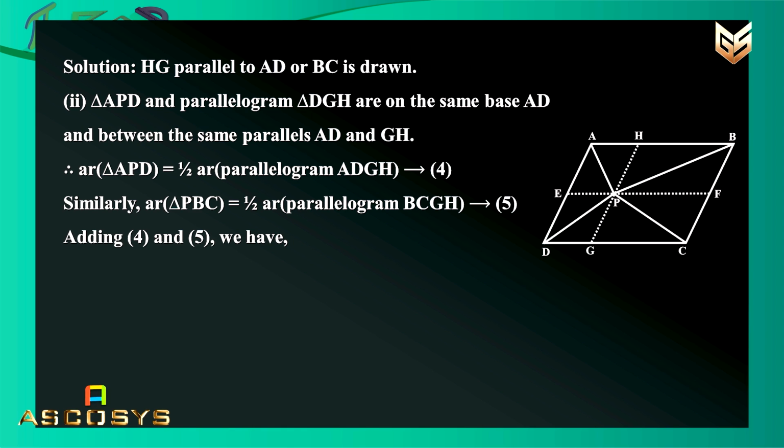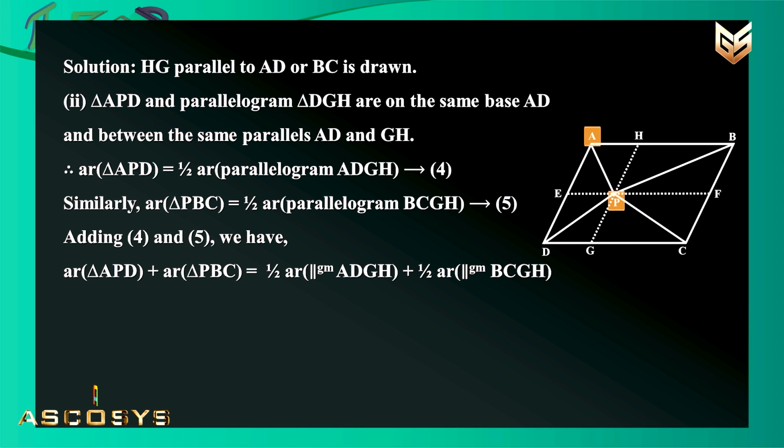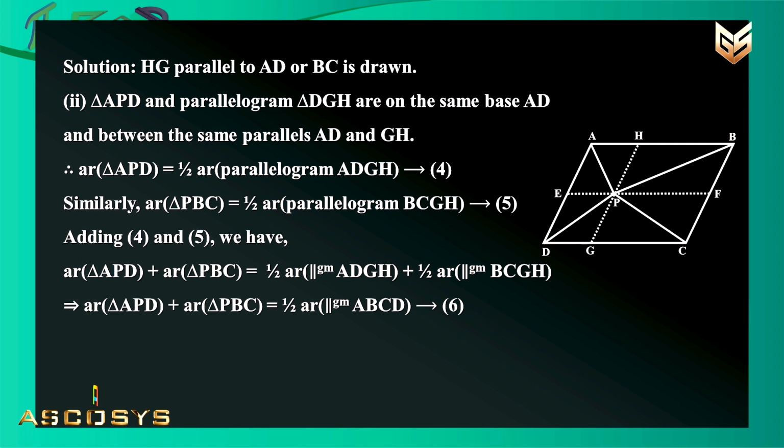Now, adding equation 4 and 5, we have area of triangle APD plus area of the triangle PBC is equal to half of the area of parallelogram ADGH plus half of the area of the parallelogram BCGH, or we can say area of triangle APD plus area of triangle PBC is equal to area of the parallelogram ABCD.